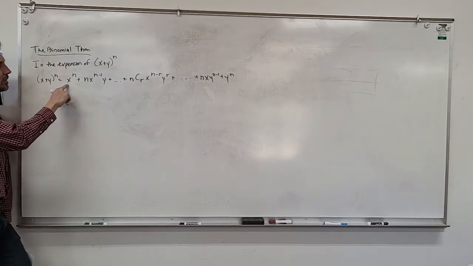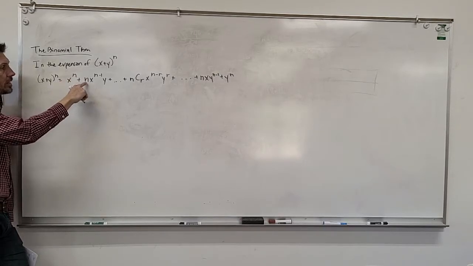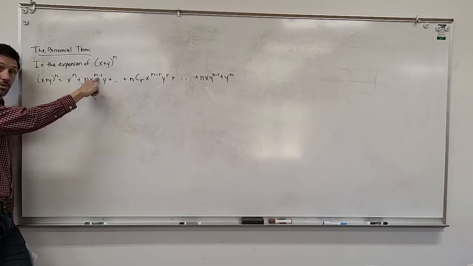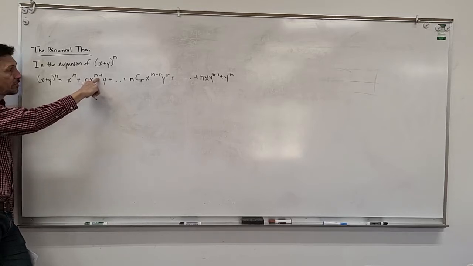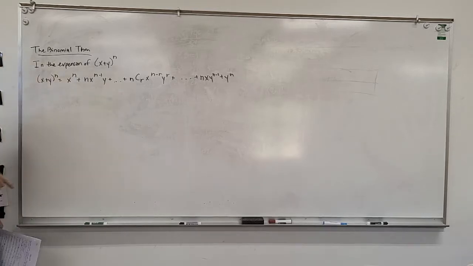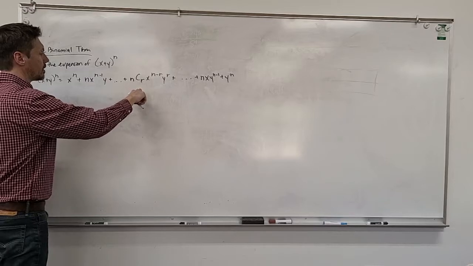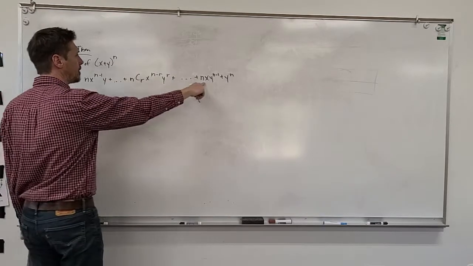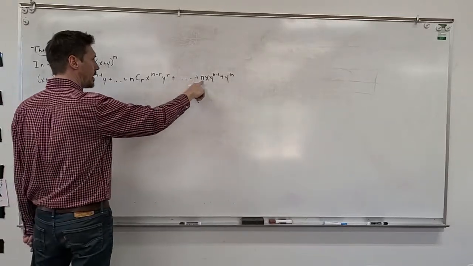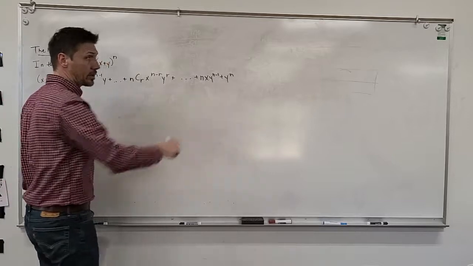So this is going to be x to the third, then 3 times x squared times y, and then we get this middle term that we'll talk about in a second. And then at the other end, you've got 3 times x times y squared, and finally it ends with y cubed.